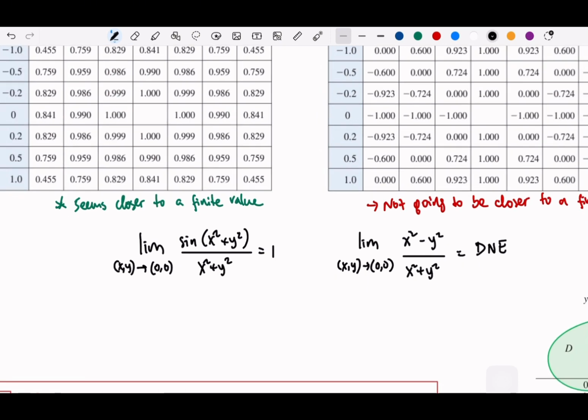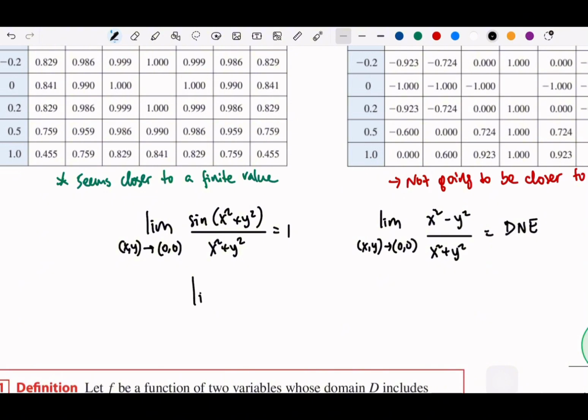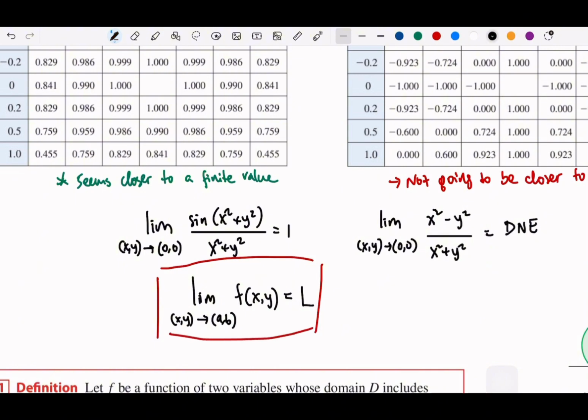And in general, we use the notation of limit. So this is indicating that the values of f will approach the number L as the point xy approaches the point AB.